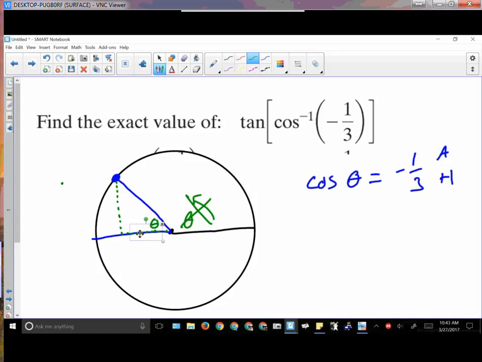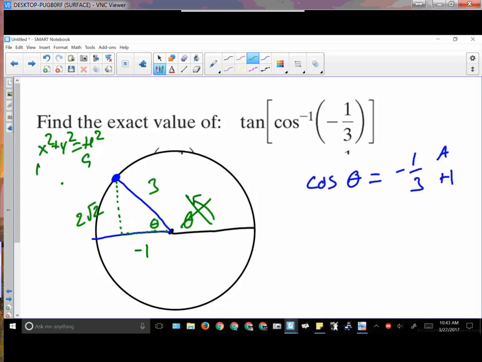So that turns out to be negative 1 over 3. Adjacent. So this is negative 1 here. This is 3 up over here. So again, we got our x squared plus y squared is equal to hypotenuse squared. So that's 9. That's 1. So again, this is going to be 2 square root 2. Correct?